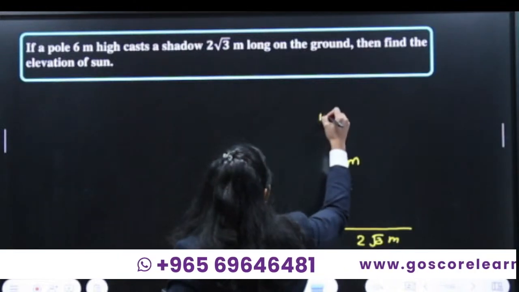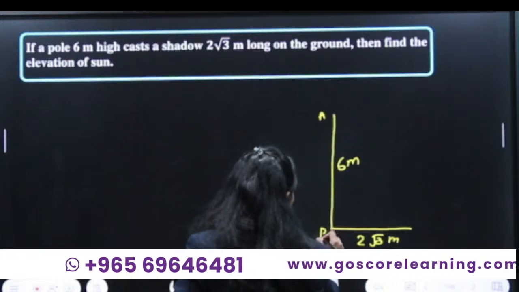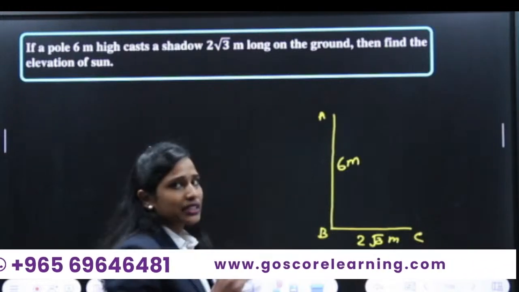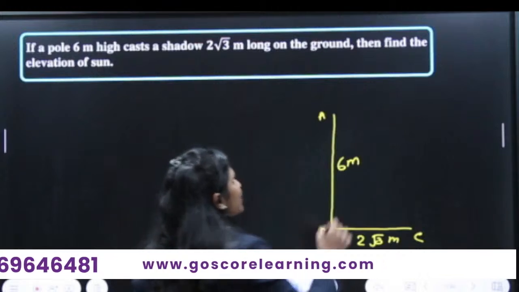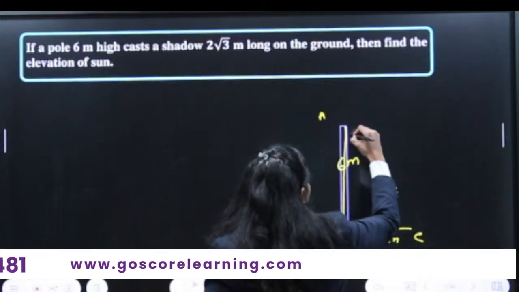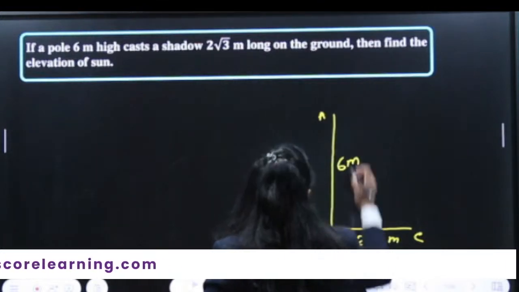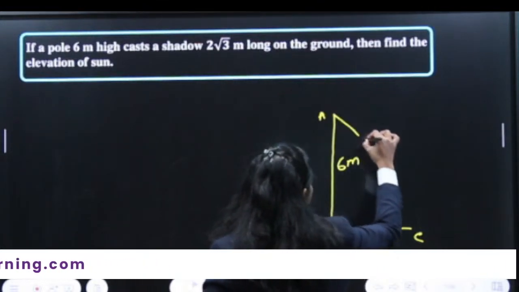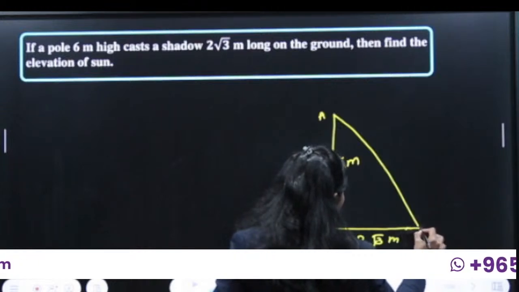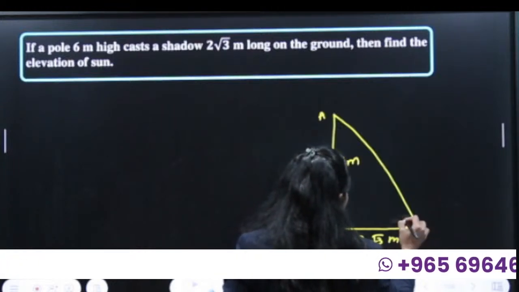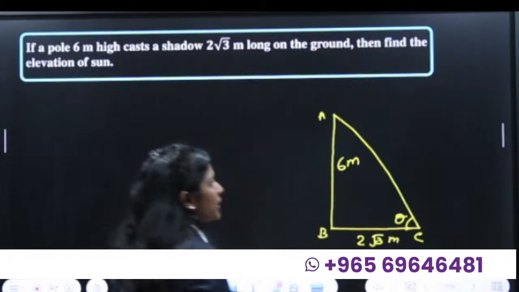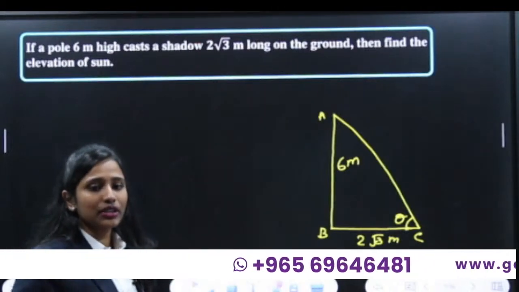Whenever we draw a figure, please name it. Then the writing will be easier. Now we need to find the angle of elevation, right? So let it be here. This angle theta we need to find.